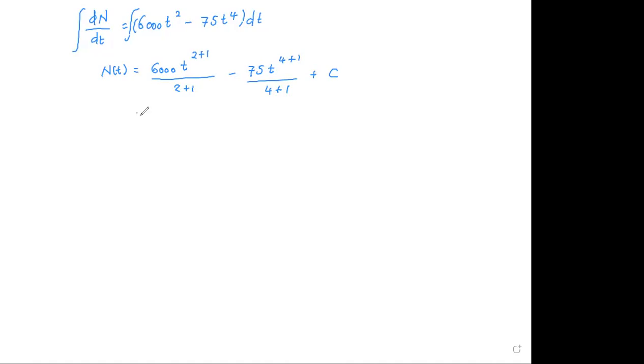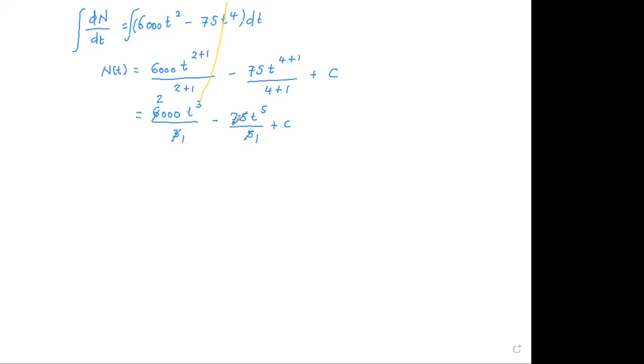Then from there, we'll have 6,000 t cubed divided by 3, minus 75 t to the 5 divided by 5 plus c. So then the 3 here, 1, 3 there, 2. 5 here, 1, 5 there.